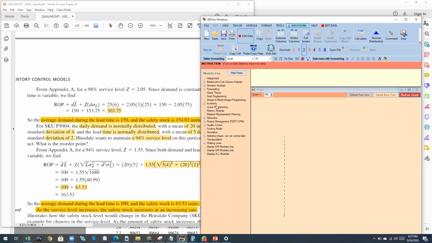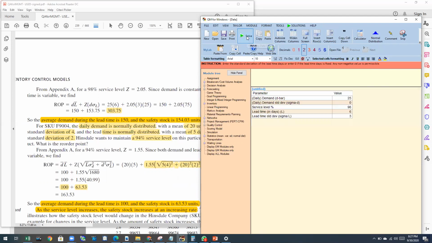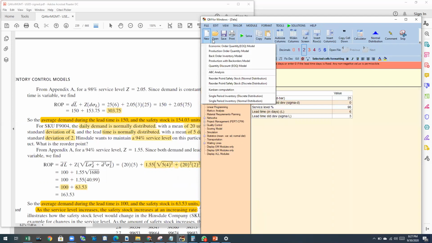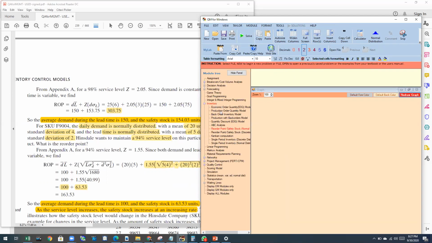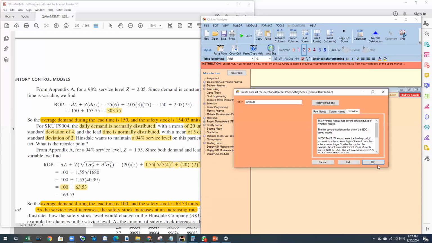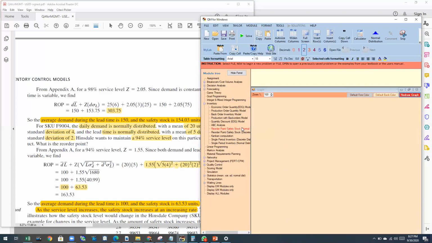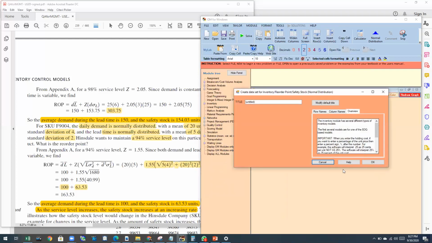So I'm going to click new, and then I will choose reorder point with normal distribution.